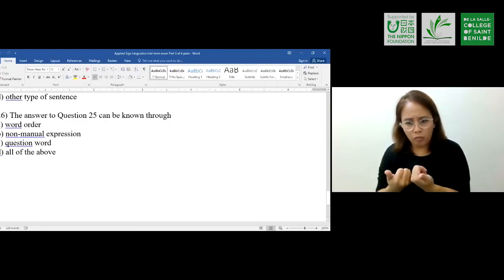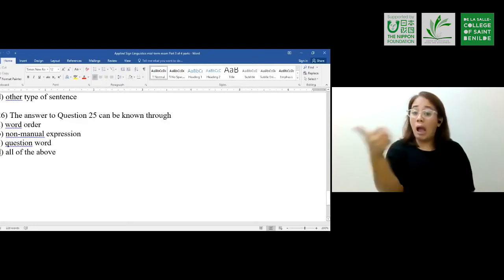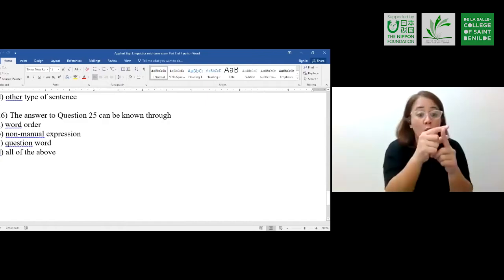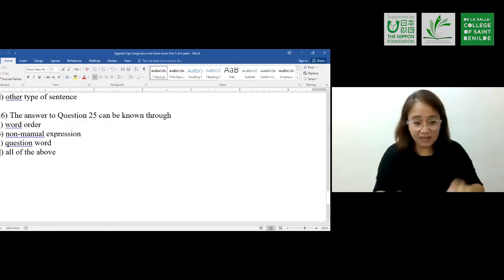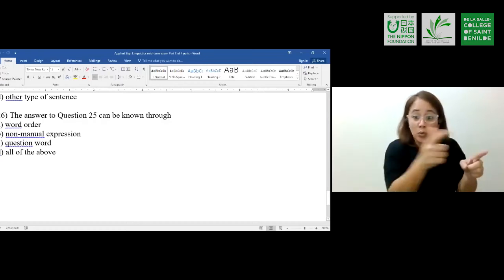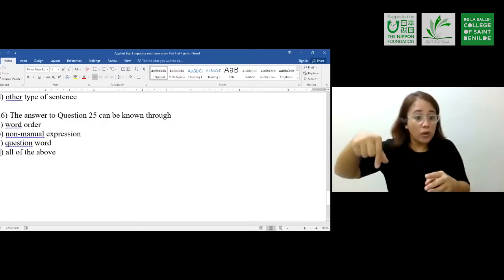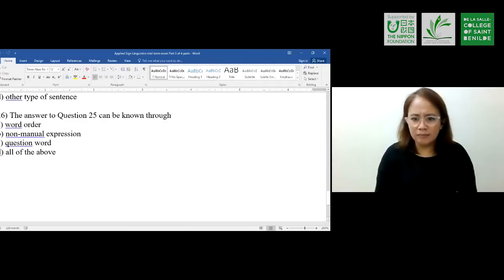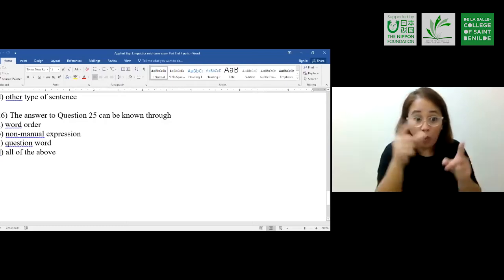In the other sentence that Peebs was talking about, the word order is different. In this sentence, the word order for a statement and a question is exactly the same. The word order is subject, predicate.